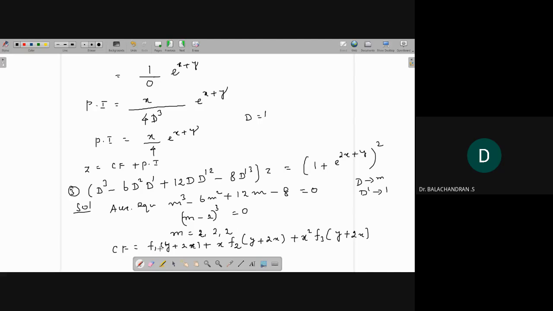So the complementary function is f1 of y plus 2x plus x into f2 of y plus 2x plus x square into f3 of y plus 2x. So here also I am going to split the PI into 3 parts. One is for a square term, another one is for b square term, another one is for 2ab term.